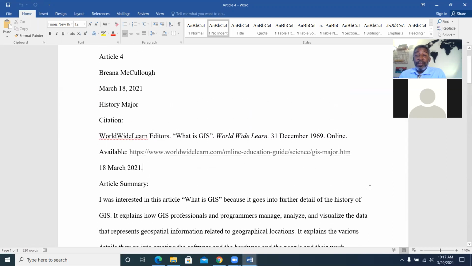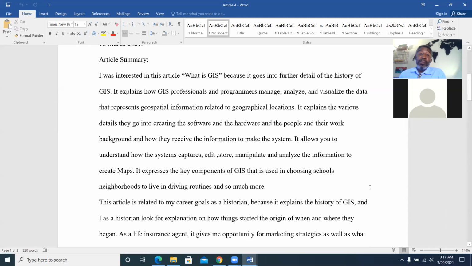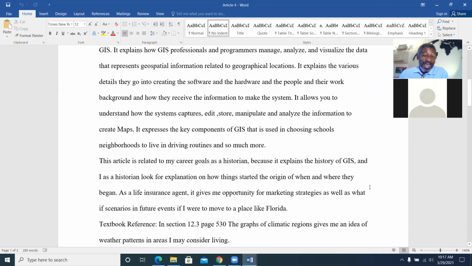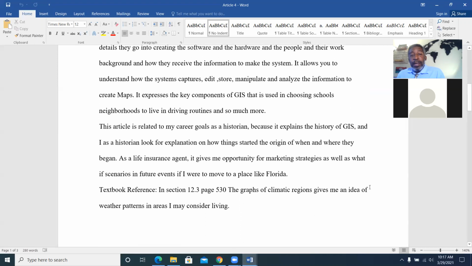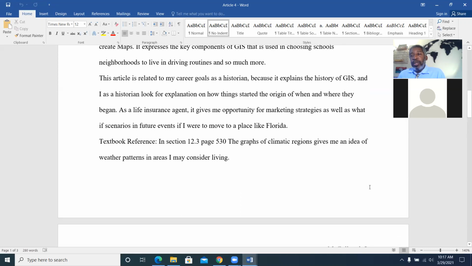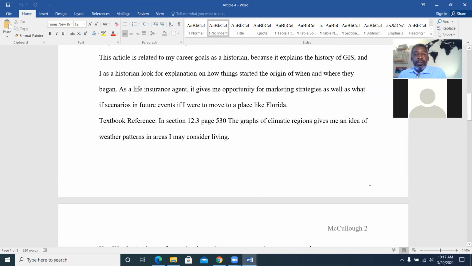At first, I was thinking there's no relationship here, but as Brianna wrote her essay, I kind of see it a little bit. So your essay is very important in terms of taking the article that you found and tying all those things together. And McCullough did a pretty good job here. And she threw in life insurance agent.